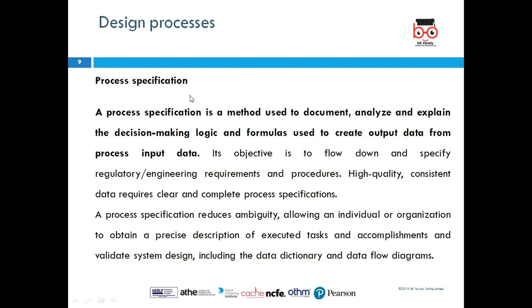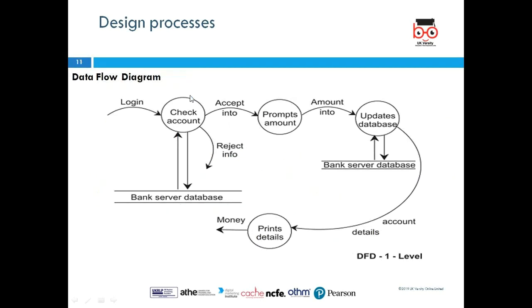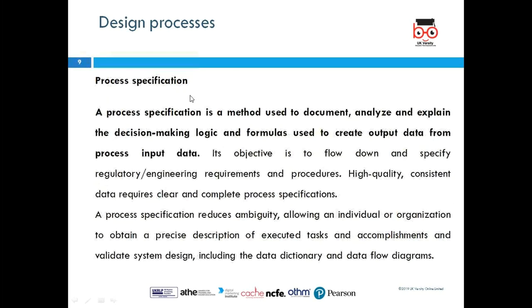So a process specification is a method used to document, analyze, and explain the decision making logic and formulas used to create output data from the input data of a process. So in the design process you need a specification.